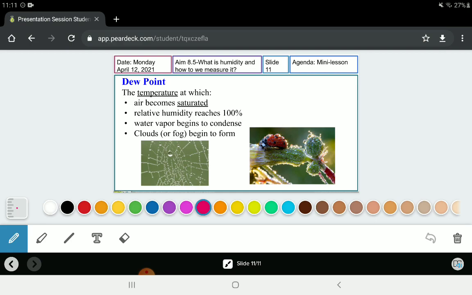So you might notice, if you go out in the morning for coffee, that's a good example. If you get some iced coffee, the iced coffee cup is cold because it's got ice in it, right? And as you're walking home, you might notice that there is water that starts to bead, like you see on this little ladybug here, or on this spider web.